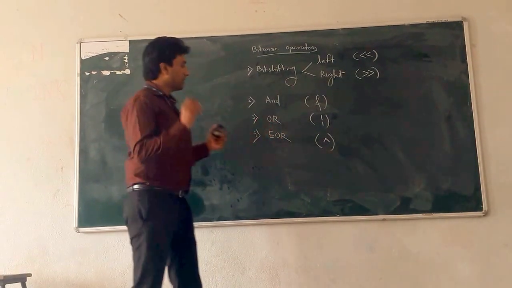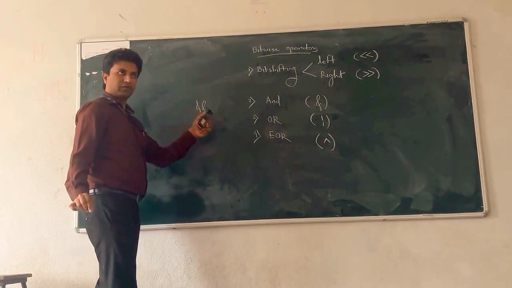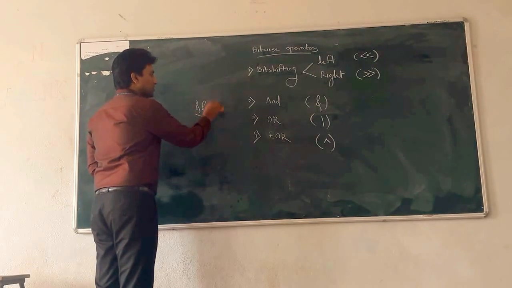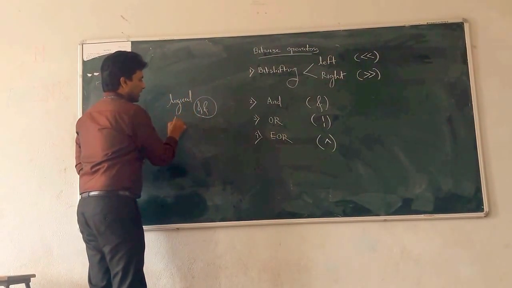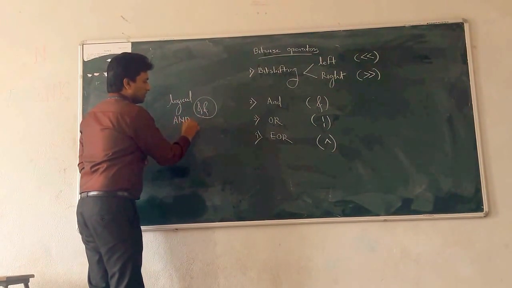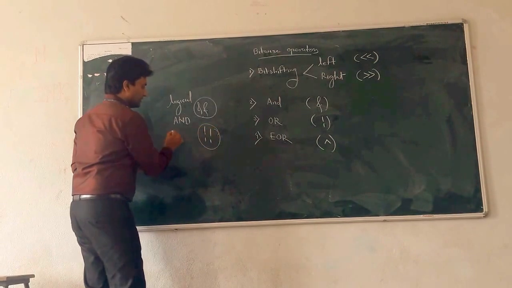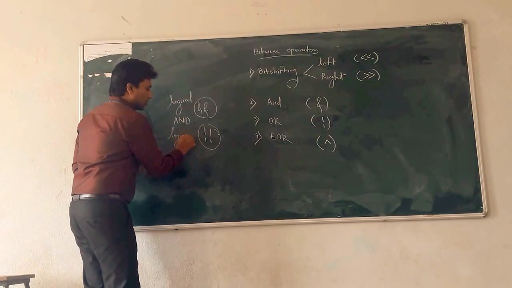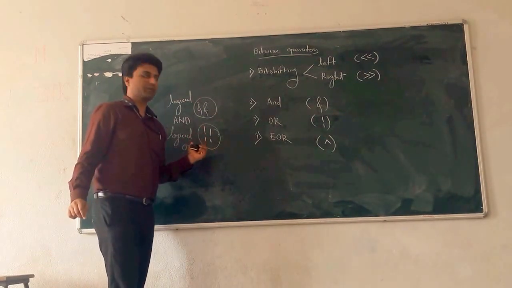Clear? If there are two ampersands together, this is called the logical AND operator. Two pipelines together are called the logical OR operator.